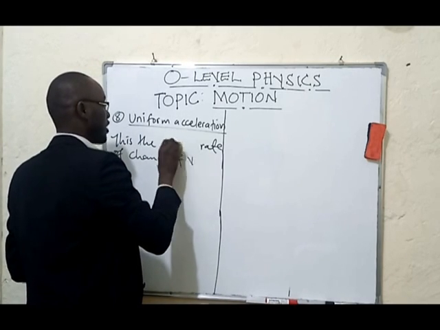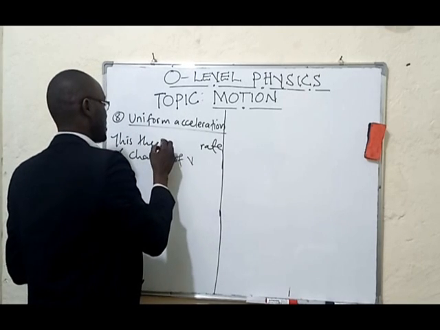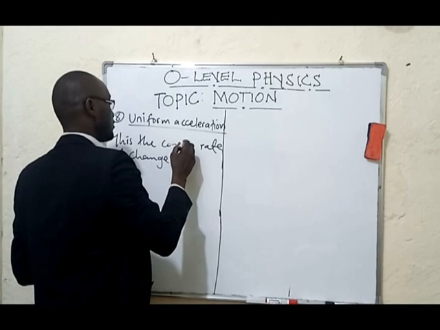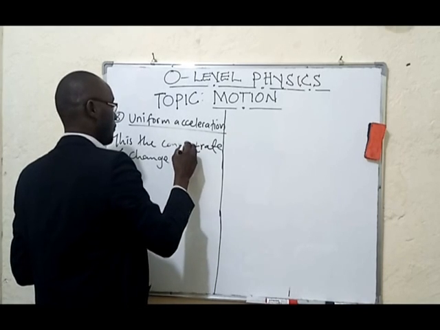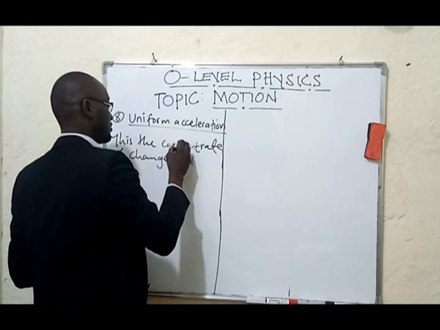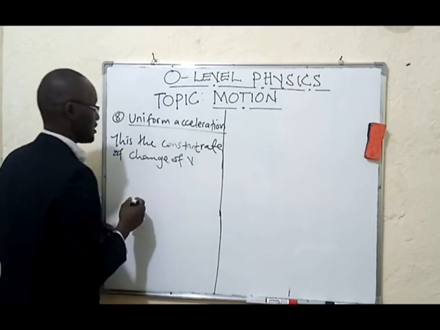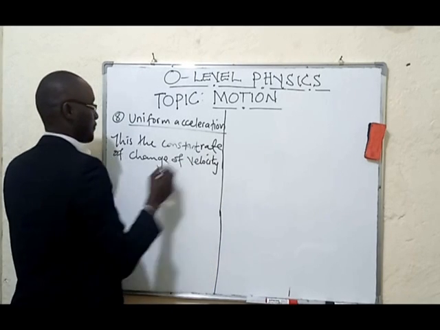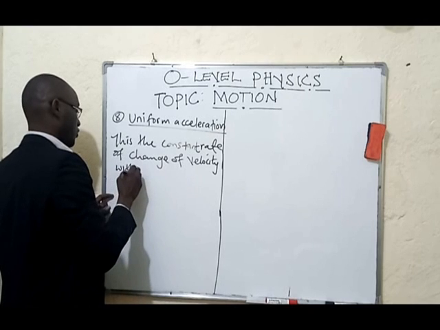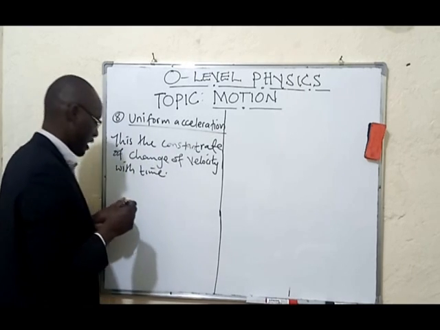So this is the constant rate of change of velocity with time. That is uniform acceleration.